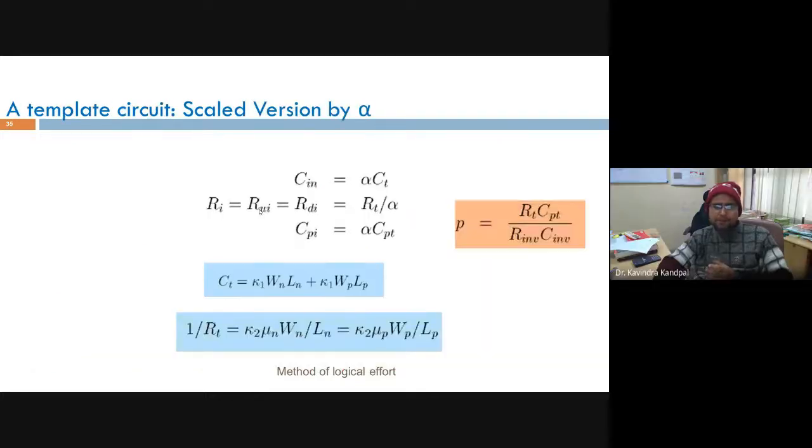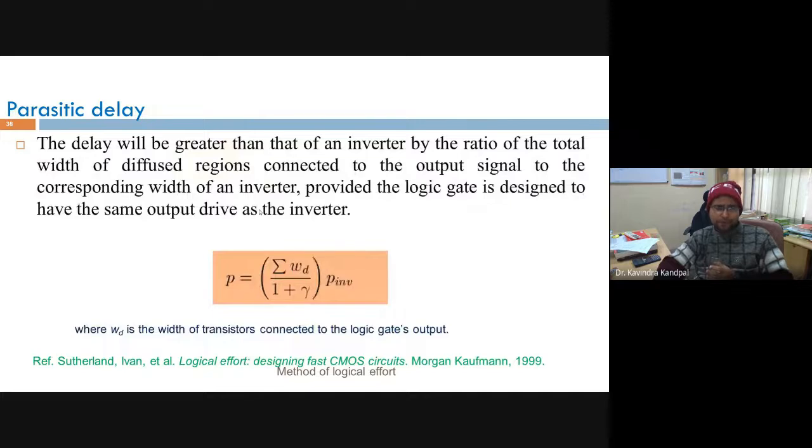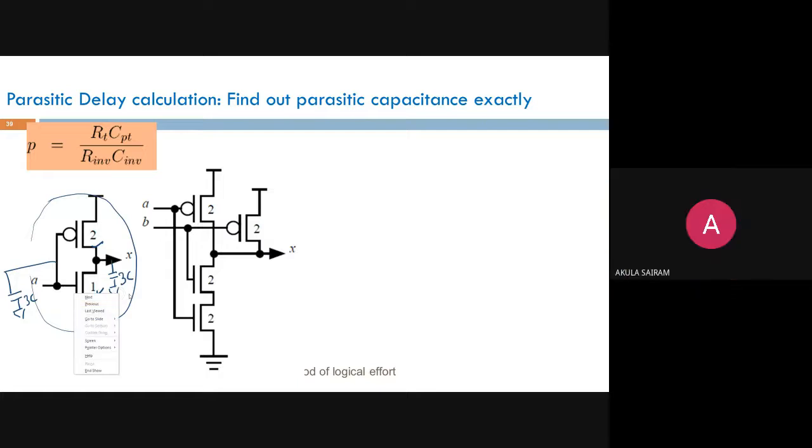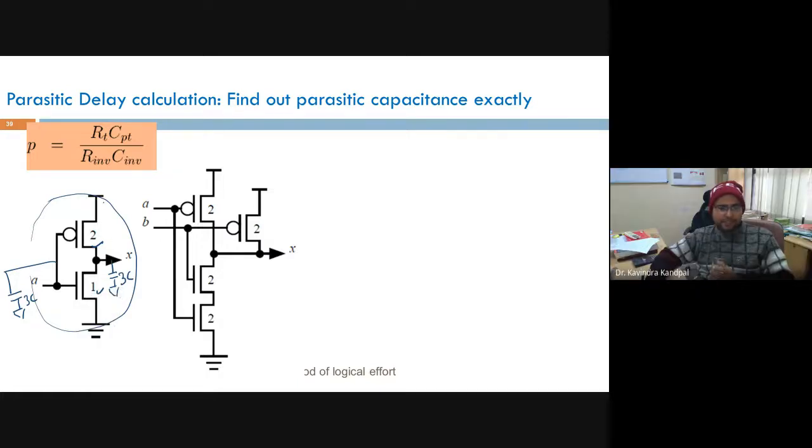Now coming to how to calculate the parasitic delay, I don't need to go into this theory because you already know the RC delay model. So can you tell me what is the parasitic delay of this particular one? I told you for parasitic delay, you compare with the standard inverter delay when it is not driving any load. You know that net capacitance here is 3C, correct or not? 2C because of this one, 1C because of this one, 3C you are getting here. So my inverter will take 3 RC for charging time or 3 RC for discharging time.